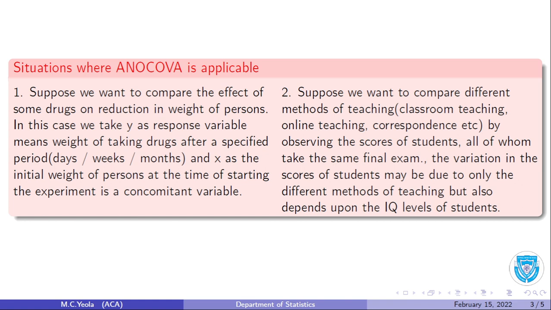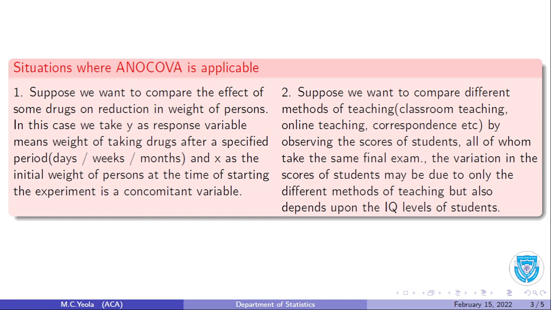For the second example, suppose we want to compare different methods of teaching: classroom teaching, online teaching, correspondence, etc. If we compare these methods of teaching by observing the scores of students, all of whom take the same final exam, the variation in the scores may be due not only to the different methods of teaching, but also to the IQ levels of the students.